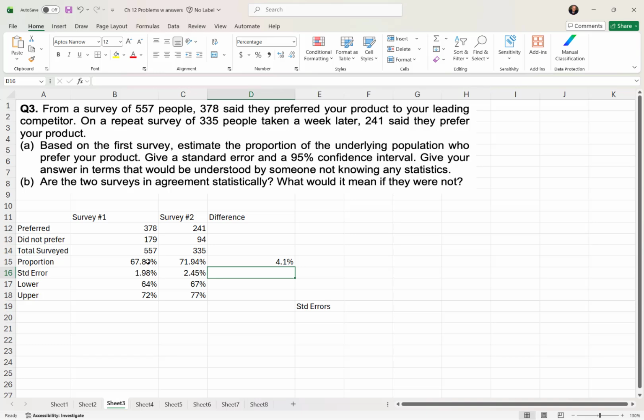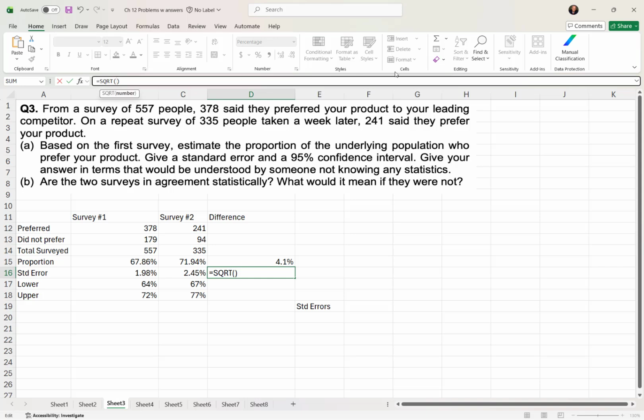All right. And the standard error of the increase is going to be equal to the square root, SQRT, open, closed, click in between, of the first one squared plus the second one raised to the second power, square root of that.